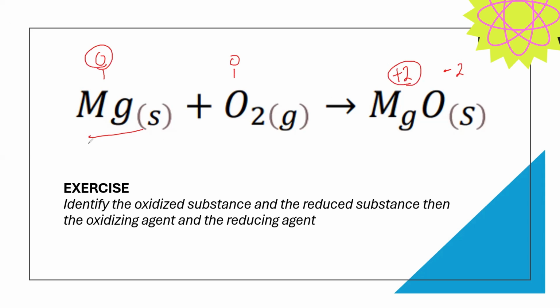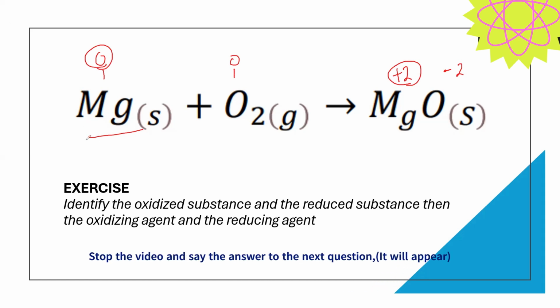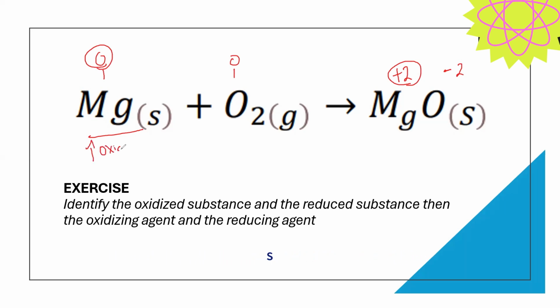Did magnesium oxidize or reduce? And this is what we're going to call the oxidized substance. Do the same exercise with oxygen, please. From 0 to -2. Reduced substance.